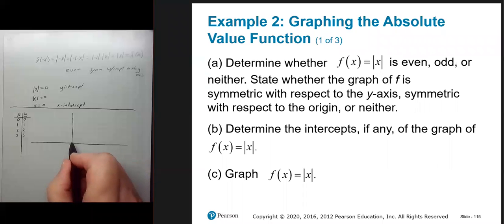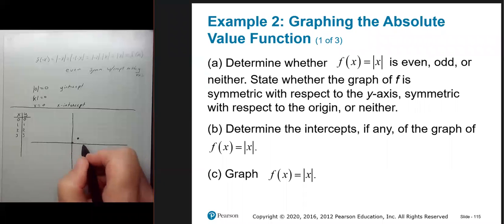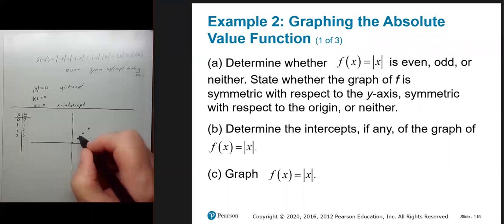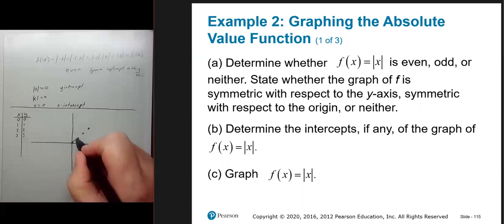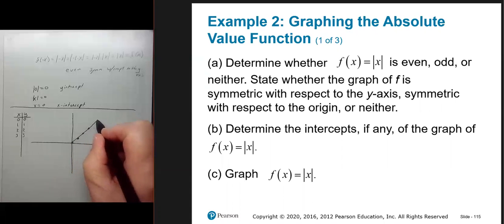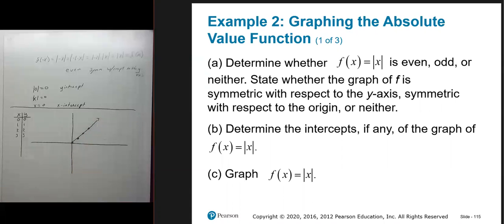At 0, we're 0, at 1, we're 1, and at 2, we're at 2, and at 3, we're at 3. So this is the right-hand side of the graph. Now the mirror image, I changed the sign of my x. Well, 0 stays 0, so that didn't move.